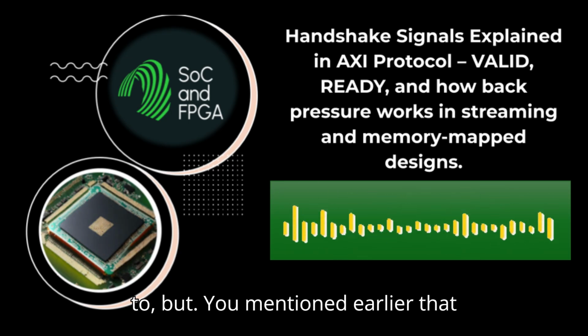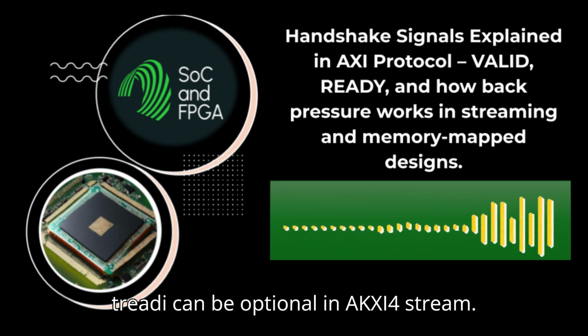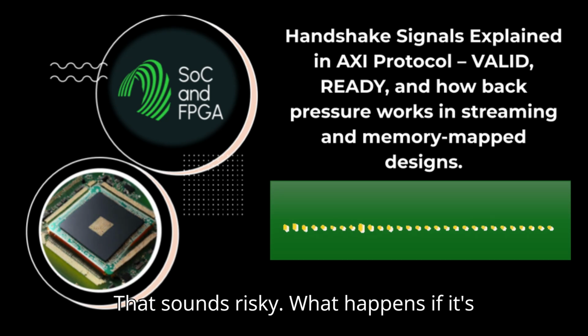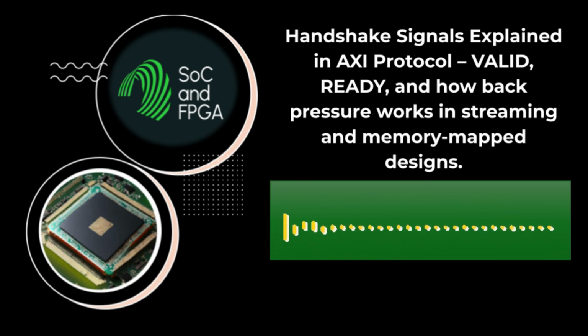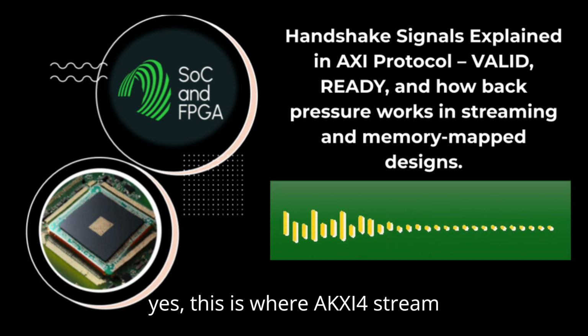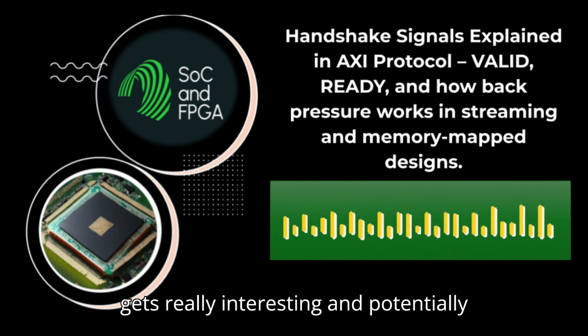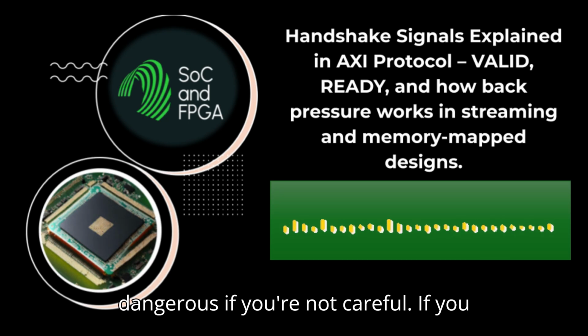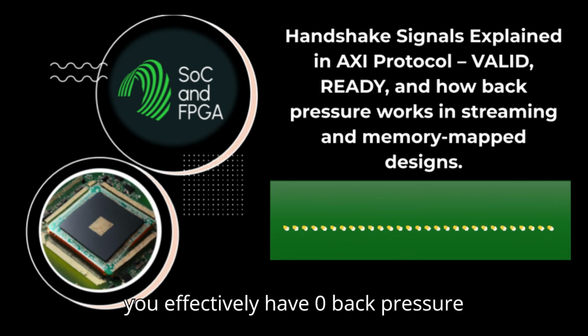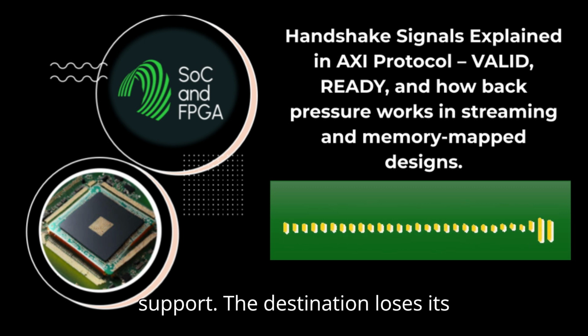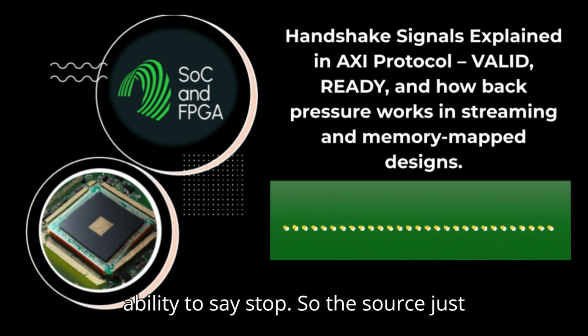But you mentioned earlier that TREADY can be optional in AXI4-Stream. That sounds risky. What happens if it's just left out or tied high permanently? Ah, yes. This is where AXI4-Stream gets really interesting and potentially dangerous if you're not careful. If you omit TREADY or tie it permanently high, you effectively have zero backpressure support. The destination loses its ability to say stop.